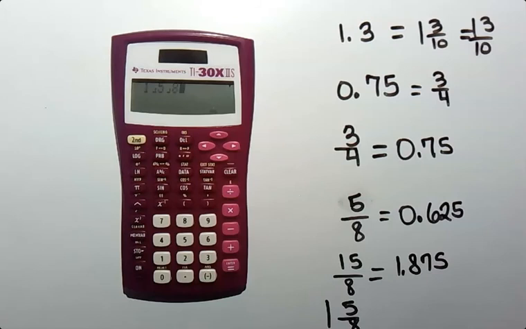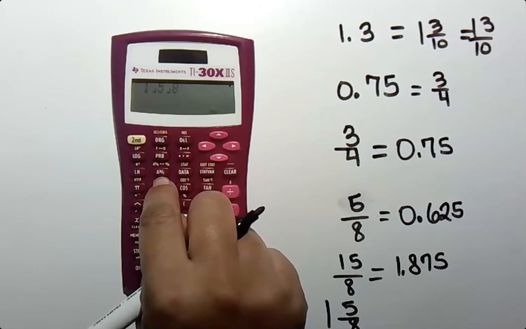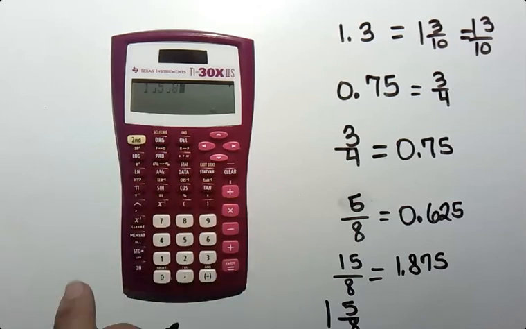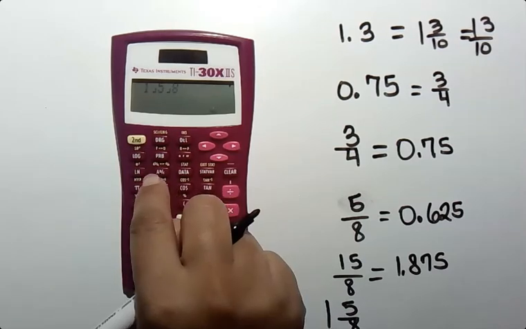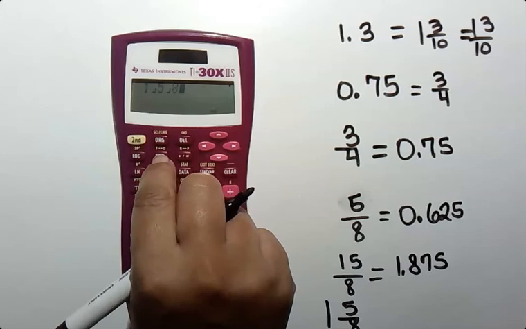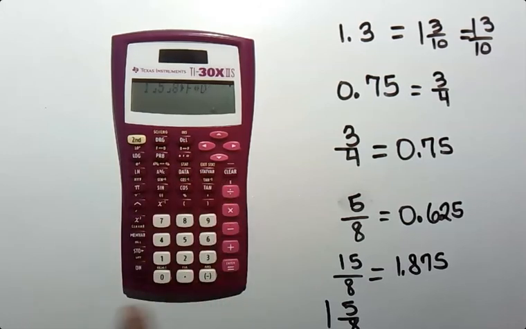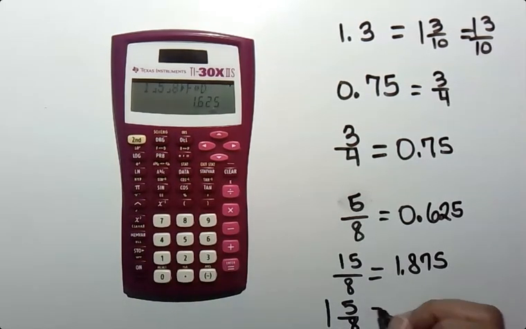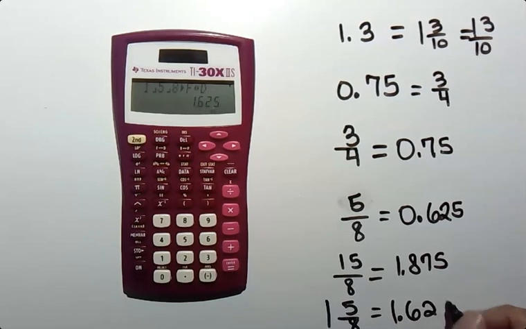The calculator will recognize that as 1 and 5/8 by putting the ABC after each number. Well, in between the numbers, I should say. So 1, ABC, 5, ABC, then your 8. And if I want that as a decimal, I go to that F to D, so second PRB, and it gives it to me as a decimal. So that's converting your fractions to decimals and decimals to fractions.